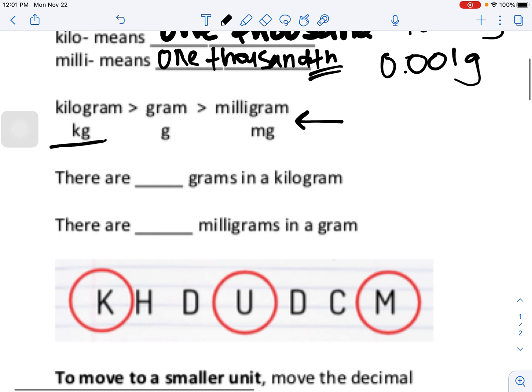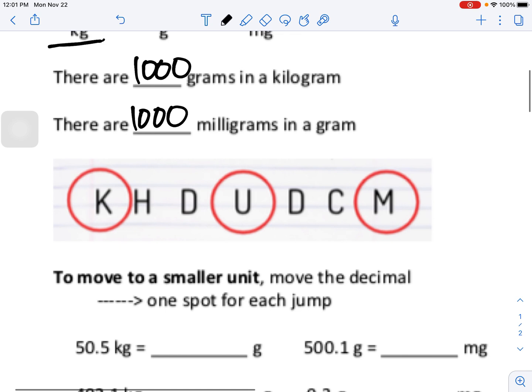Something really, really small would be in milligrams. So there are 1,000 grams in a kilogram, and there are 1,000 milligrams in a gram. So they're super different and really far apart on this metric conversion.